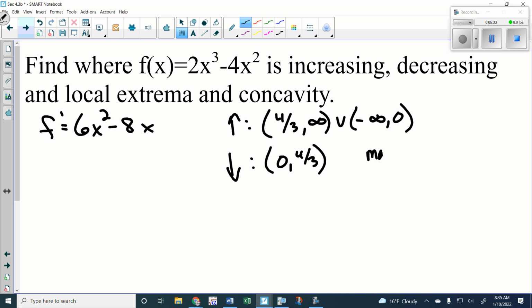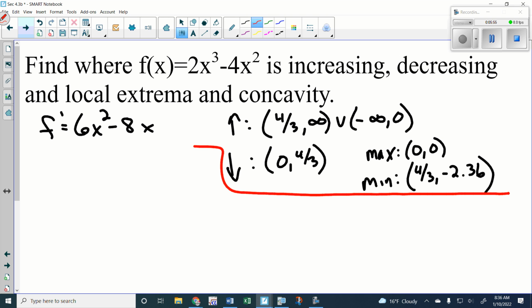Our max was at 0, 0, and the min was at 4/3, negative 2.36. So that's all the stuff we did earlier in our notes last week. We found all that already.